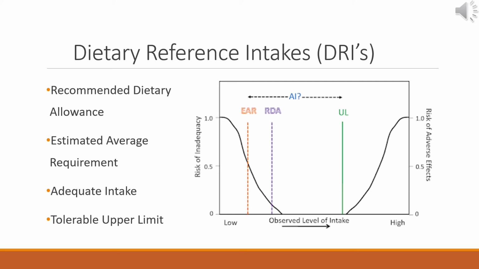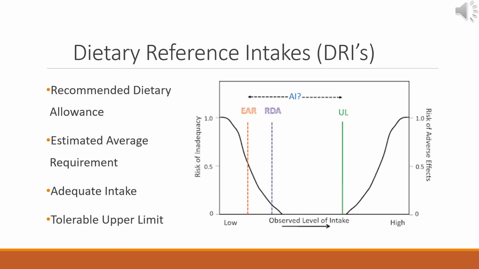For the dietary reference intakes, you have a few different types of values. You have the recommended dietary allowance, tolerable upper limit, estimated average requirement, and adequate intake. So there's going to be different values that are used for different nutrients.